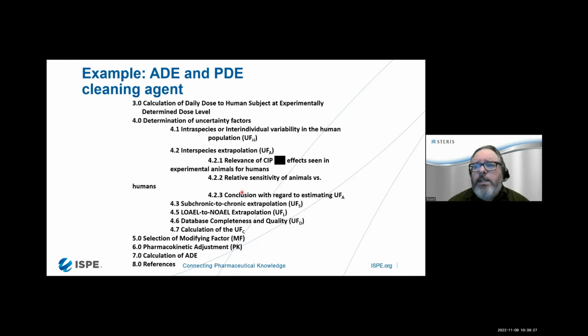Is there any sensitization, mutagenicity, carcinogenicity type of things to keep in mind? Is there any subchronic to chronic extrapolation? And was the LOEL and NOEL used, and so forth? You now have clarity in terms of why that value was assigned for that specific uncertainty factor.